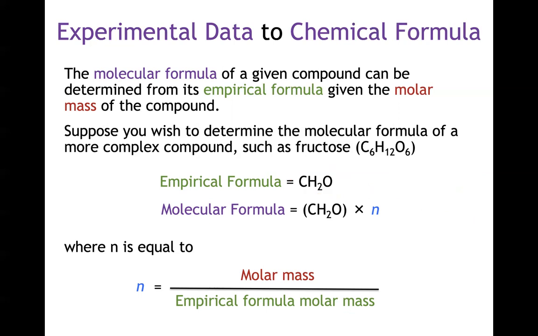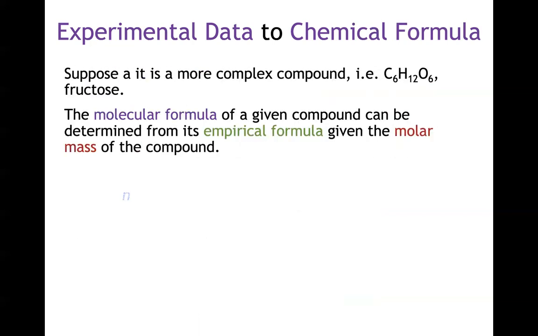And if we're actually given the molecular weight of the actual compound that we're interested in, then we divide that by the empirical formula mass, and we get what N is equal to. So let's consider the example.